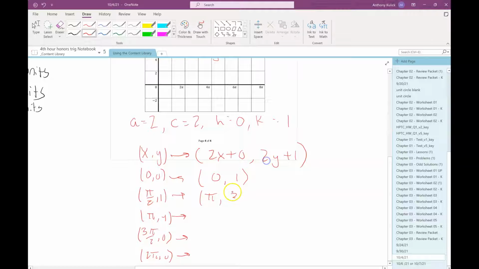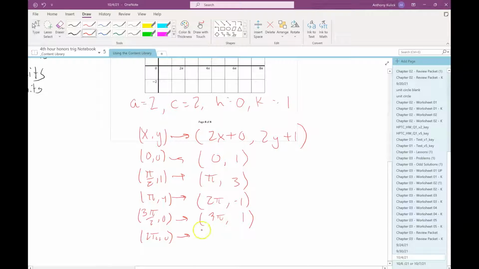So that's a 2 there. Oops, negative 1. No, that was right.